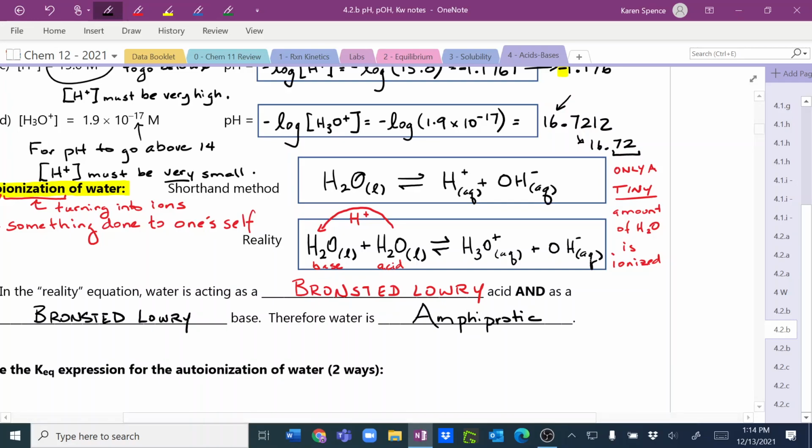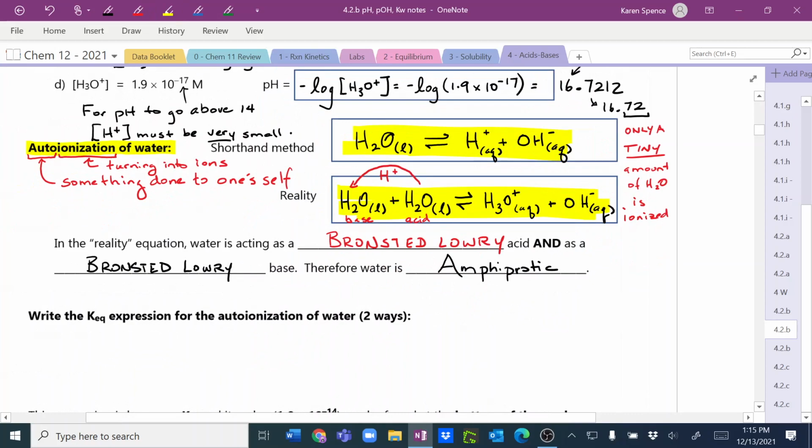The other one is the shorthand method. But from these equations, we can write KEQ expressions. So let's write two different KEQ expressions for the autoionization of water.